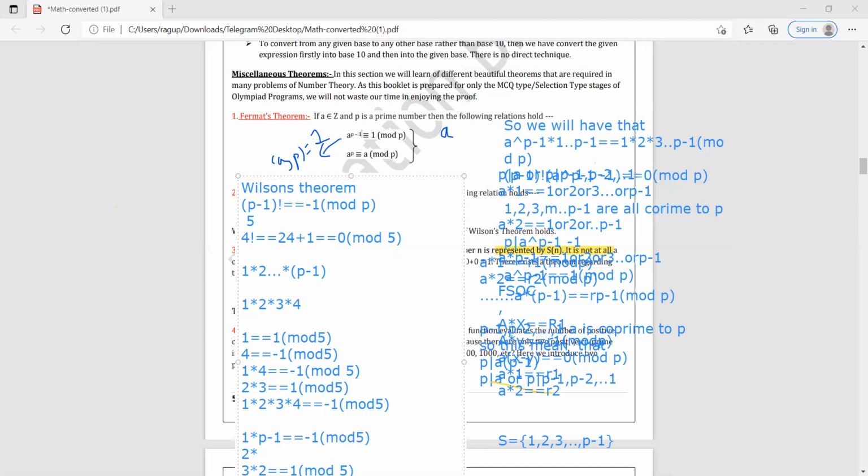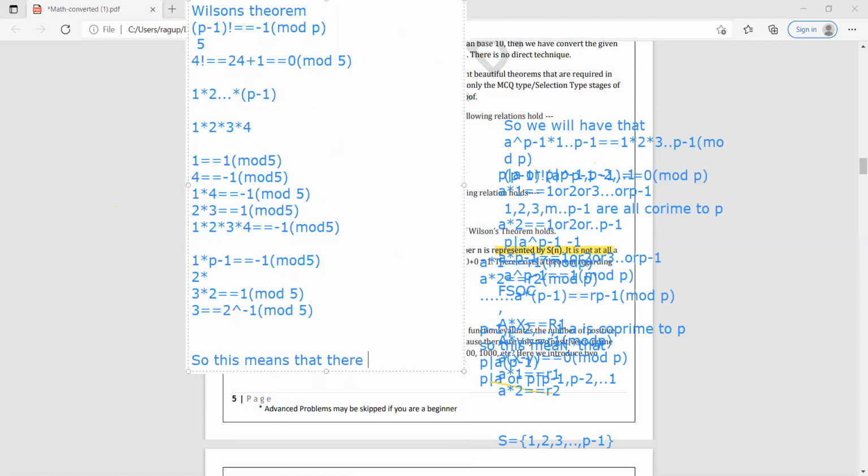So this means that there are unique inverses of every number.